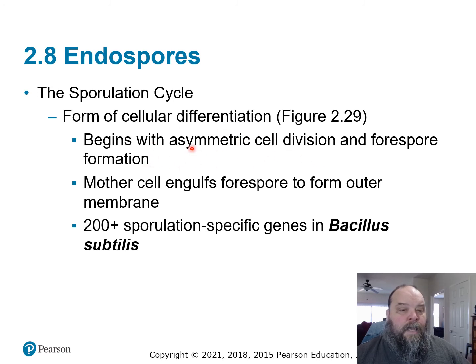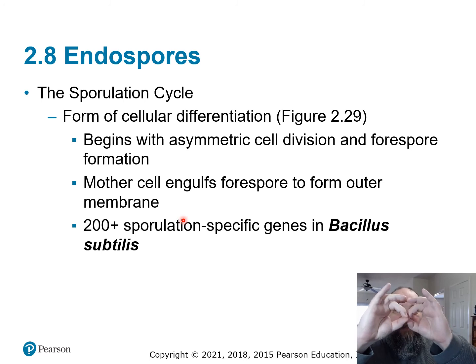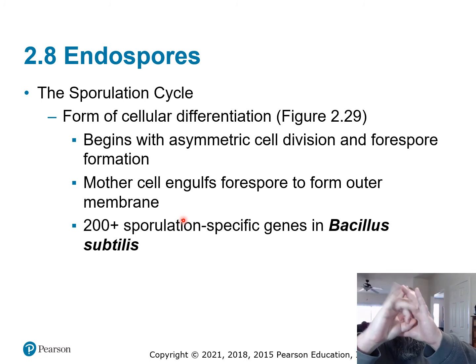Well, we see here it's asymmetric, and this new cell is going to be engulfed by what they call the mother cell. So instead of one long one being split in half and now you have two separate, you have this one, and the other one's going to be encapsulated. It's going to be engulfed. It's going to be within the other.